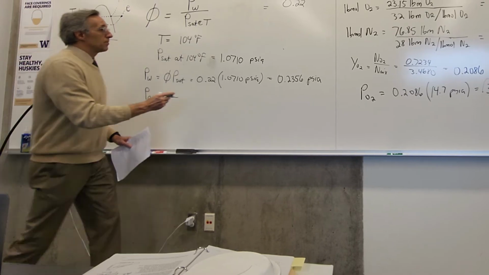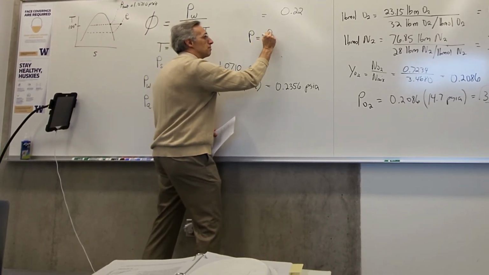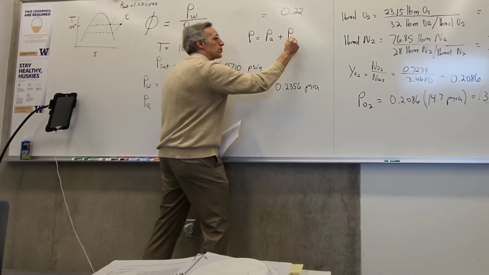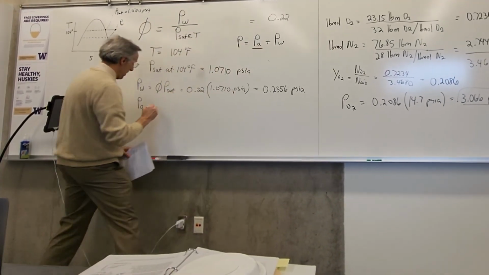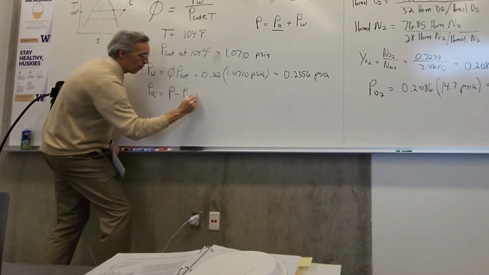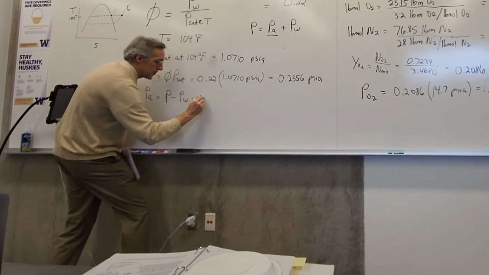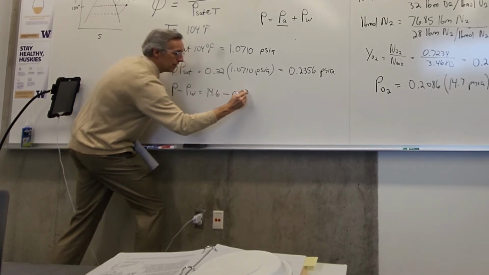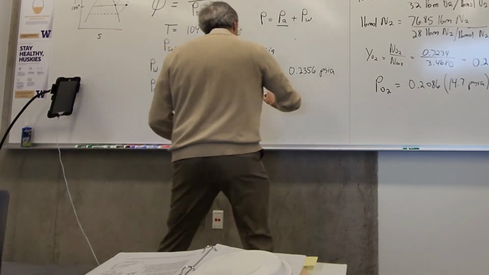And because this is an air-water mixture, the pressure of the air is going to be the sum of the partial pressure of the dry air plus the partial pressure of the water vapor. So if we're looking for the partial pressure of the dry air, it's just going to be the total pressure minus the partial pressure of the water vapor, or 14.6 minus 0.2356 is 14.36.